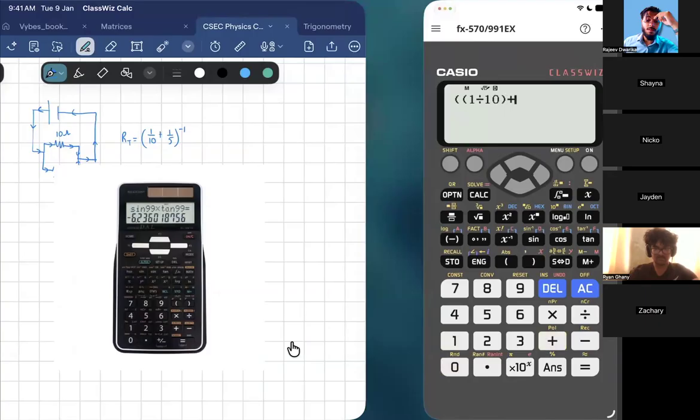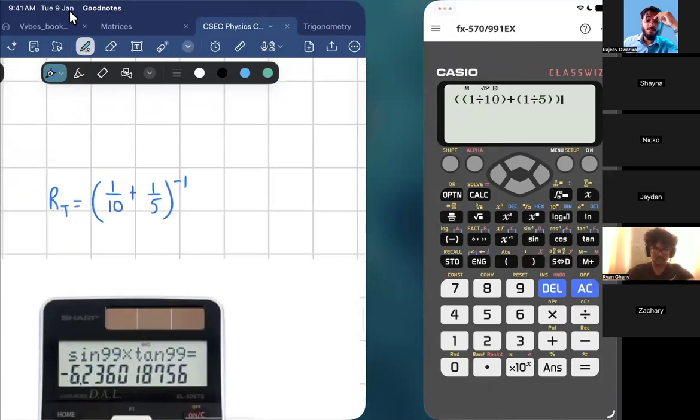Then plus. Anytime you put a fraction into a Sharp, you need to put brackets. So now we're gonna put 1 over 5. I open bracket, put 1, press divided, press 5, close the bracket. Then I close the bracket.